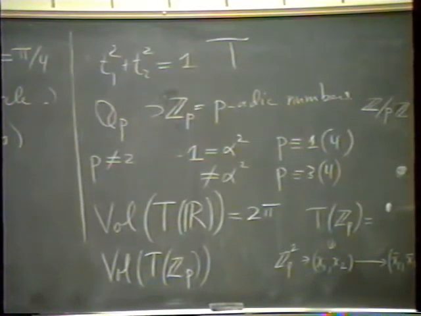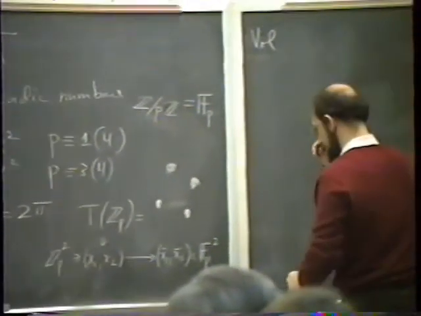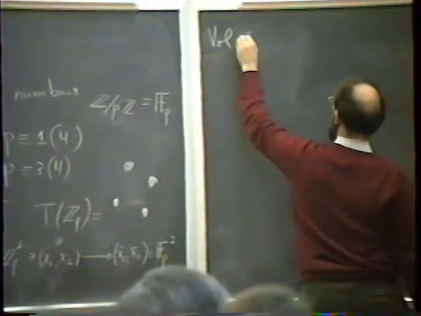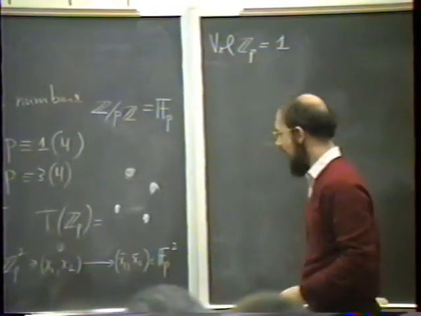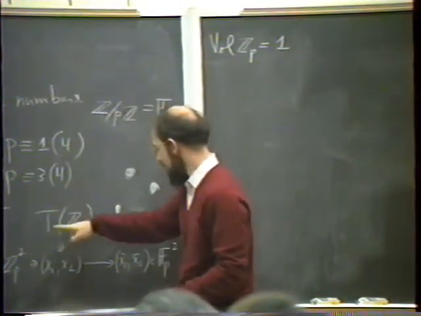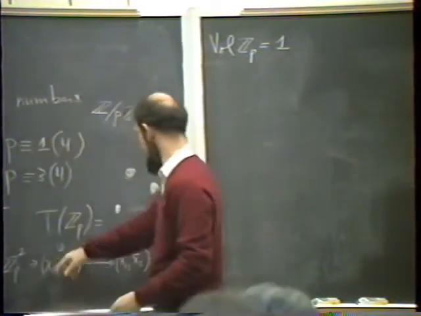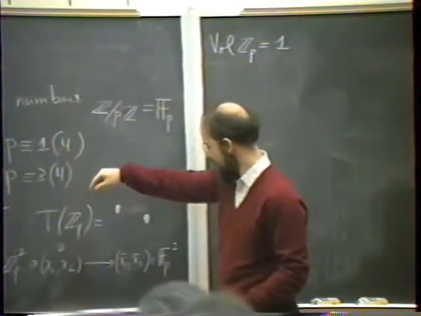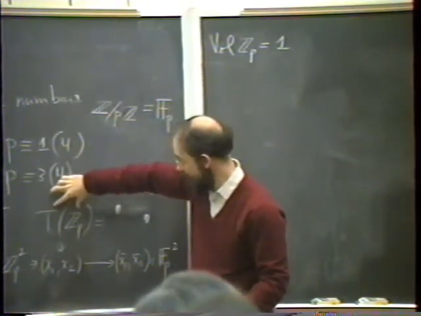Now, it's natural to think of the volume of Z_p to be 1, right? And it's also the case, although I won't take the time to show it, that you can do analysis, p-adic analysis, you maybe heard the phrase, and if you do that, then locally, analytically, this is like Z_p.